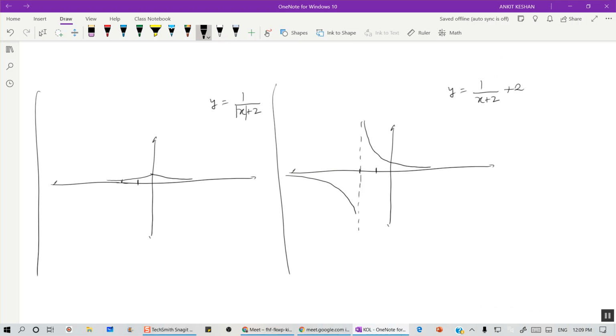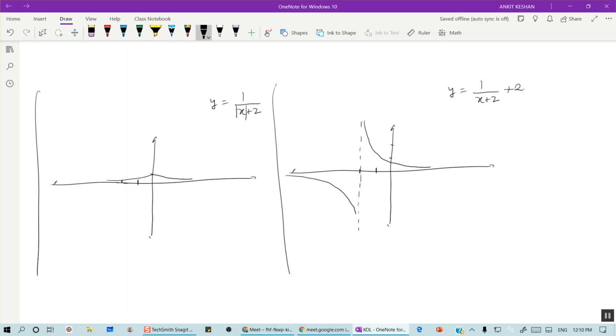You can do it like this also. So you will obviously move in the upward direction, or you can do it this way also. So y is increased by 2 points overall.